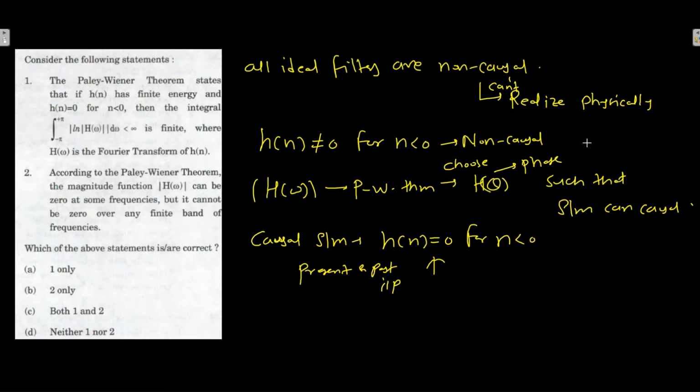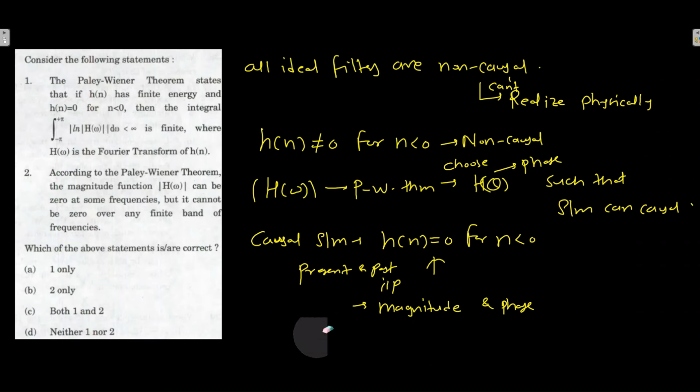So that is a simple definition. And the second key point is that causality depends on both magnitude and phase. So we are using this with the help of the Paley-Wiener theorem to realize filters. I hope you now know why we are using this, and the basic principle as per causality.